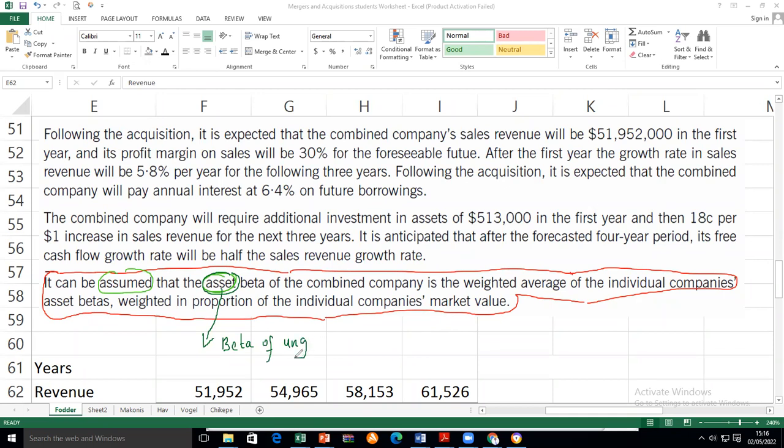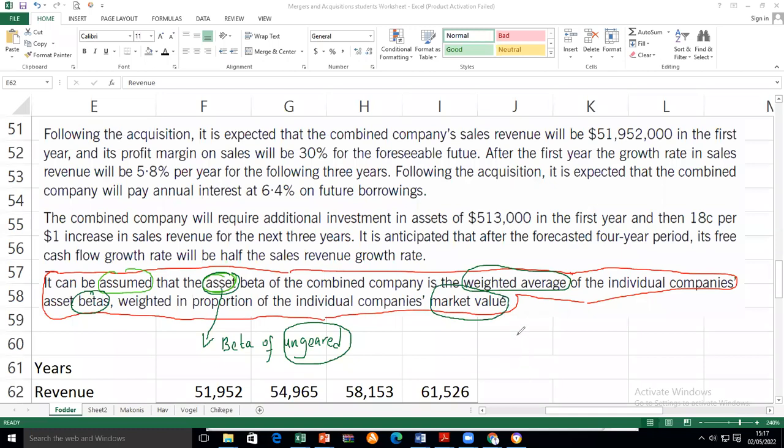Yes, somebody has given us the correct answer. This is a beta which is not geared, ungeared beta. The beta of the combined company is a weighted average, not a simple average, no, a weighted average of the individual companies' asset betas, weighted in proportion to individual companies' market values.